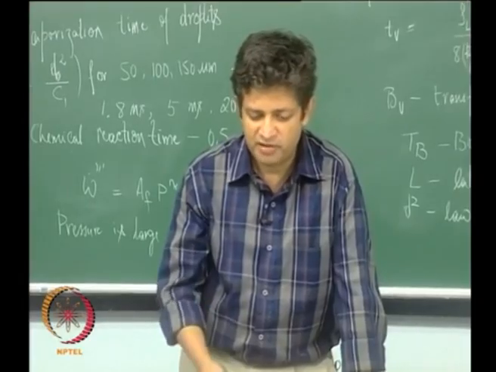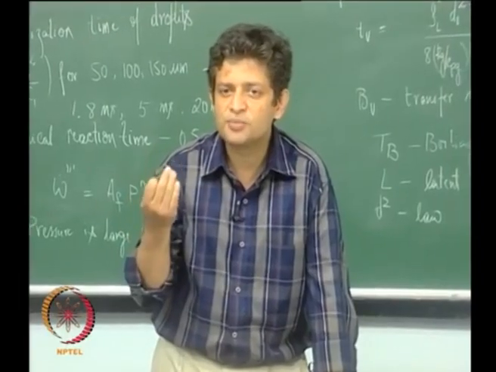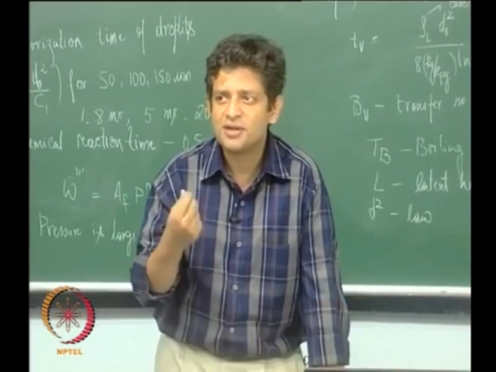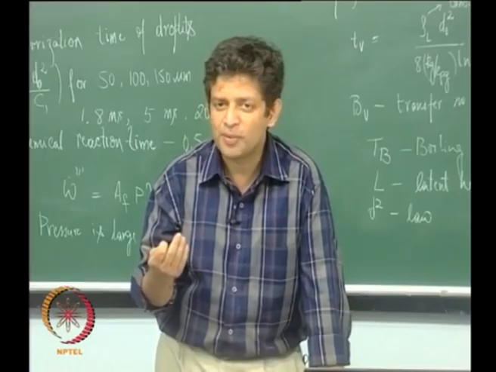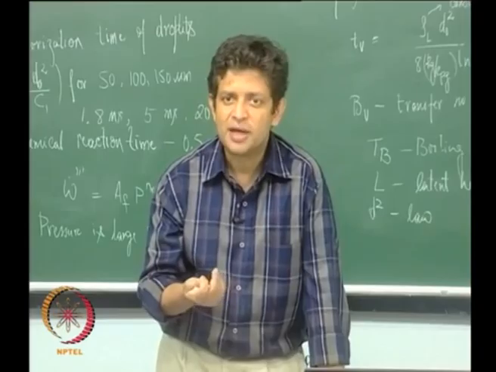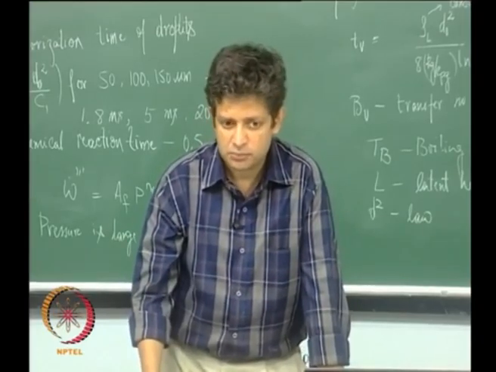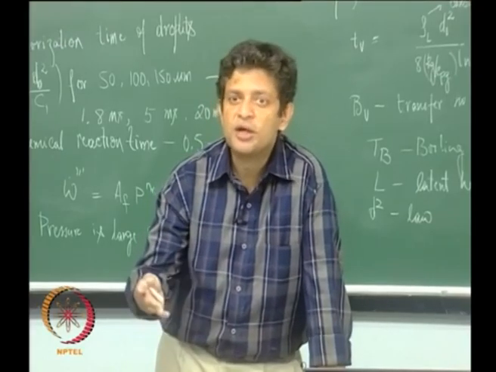Now we will discuss in the next class how we can get small diameters by the process of atomization. What is the process of atomization, how does it ensure that you get very small diameters of droplets, and what are the various arrangements that are possible. If you remember, in most propellant combinations you have two liquids.